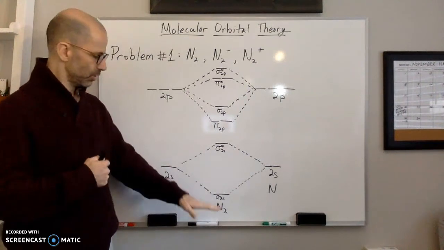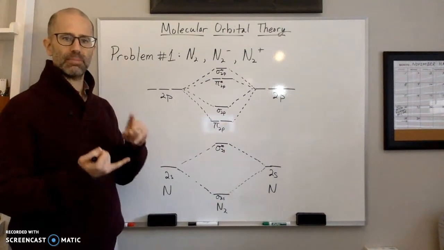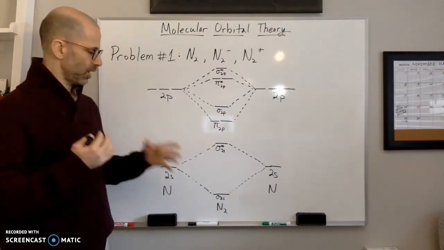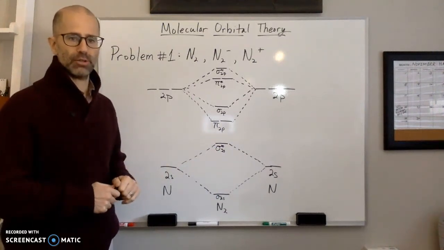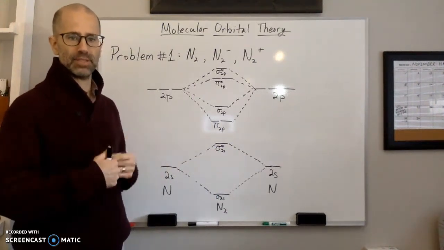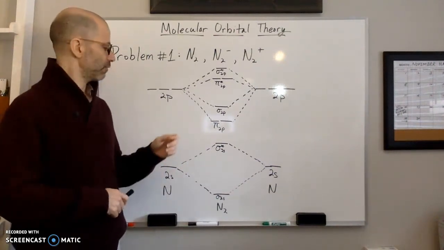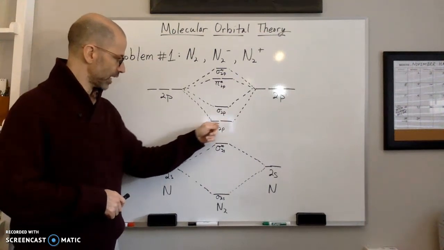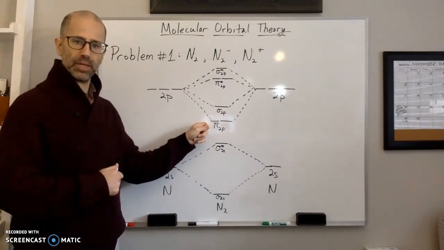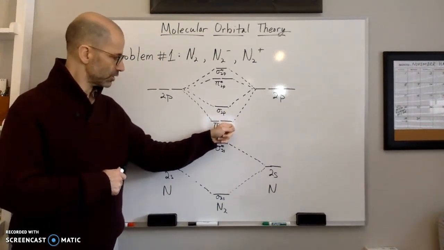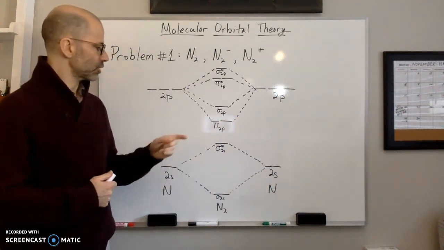The Aufbau principle, where you're going to start at low energy and work your way up. The Pauli exclusion principle, where each molecular orbital holds a maximum of 2 electrons, and those electrons must be opposite spin, up and down. And finally, Hund's rule, where if you have molecular orbitals of the same energy, you put an electron in each of those, same spin up first, and then you add spin down afterwards.